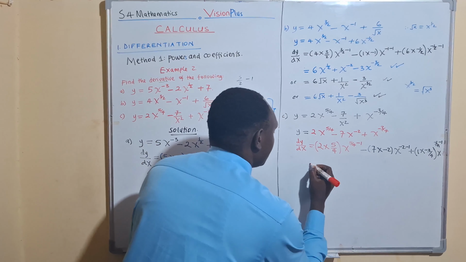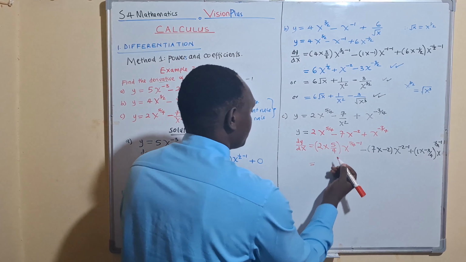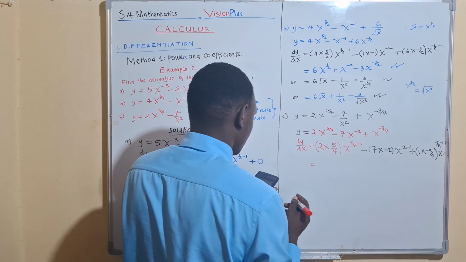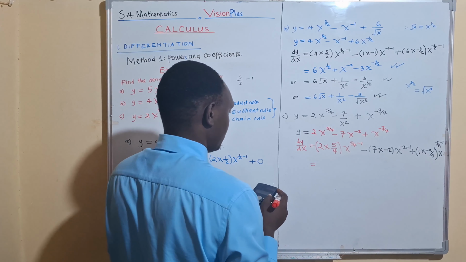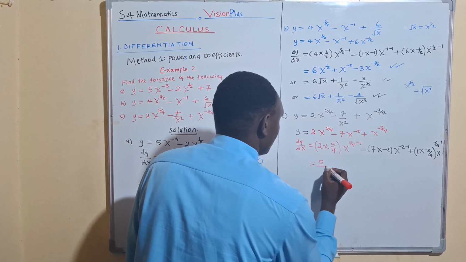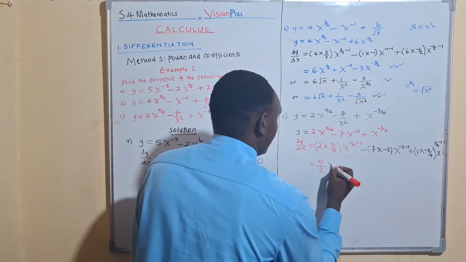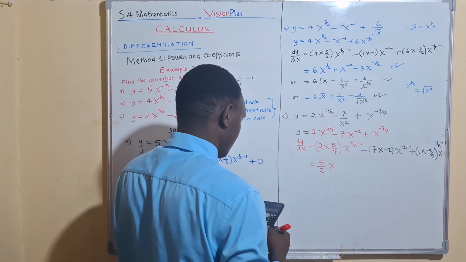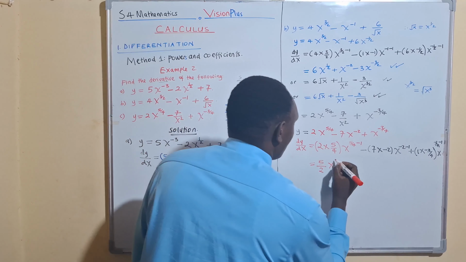So we simplify. 5 out of 4 times 2 is 5 out of 2 or 2.5 x. 5 divided by 4 minus 1, the power, I'm getting 1 out of 4.